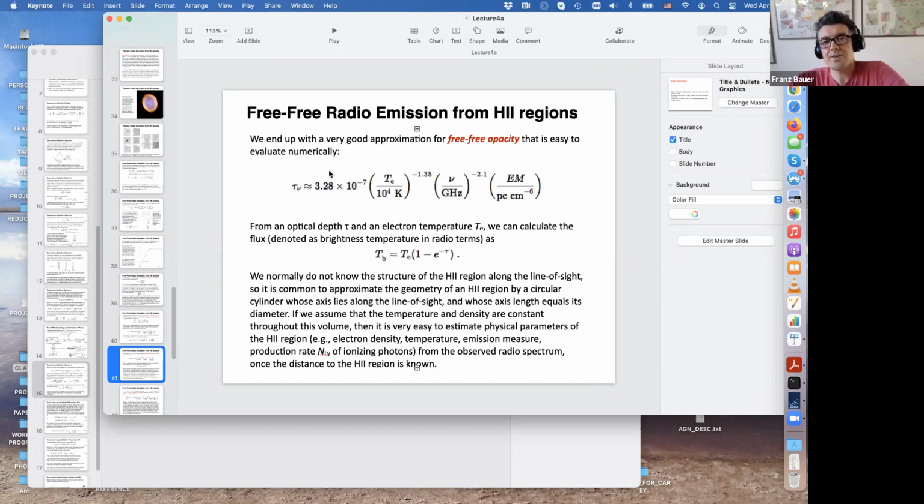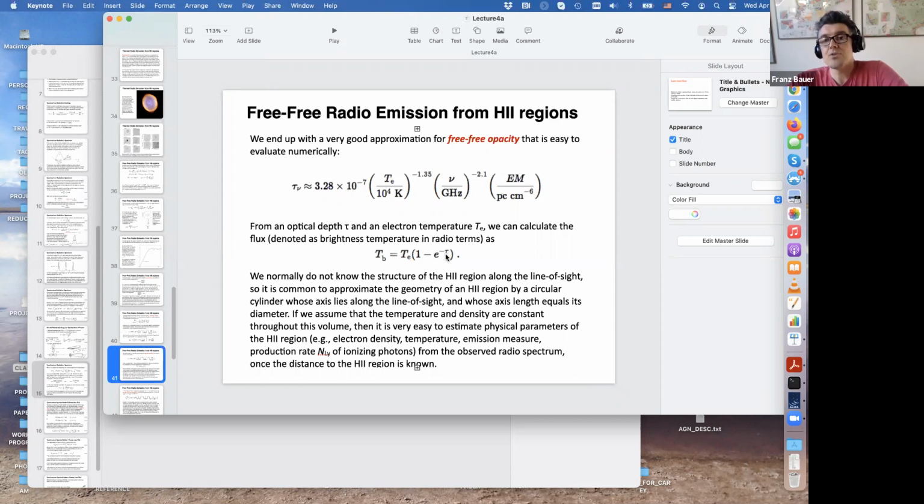We can also characterize this optical depth in terms of the electron temperature, and we could rewrite this in terms of the brightness temperature, which is typically what you measure in the radio. And so you can see that they're related, but they only actually equal each other when this term is 0, and this term is 0 when tau is high.